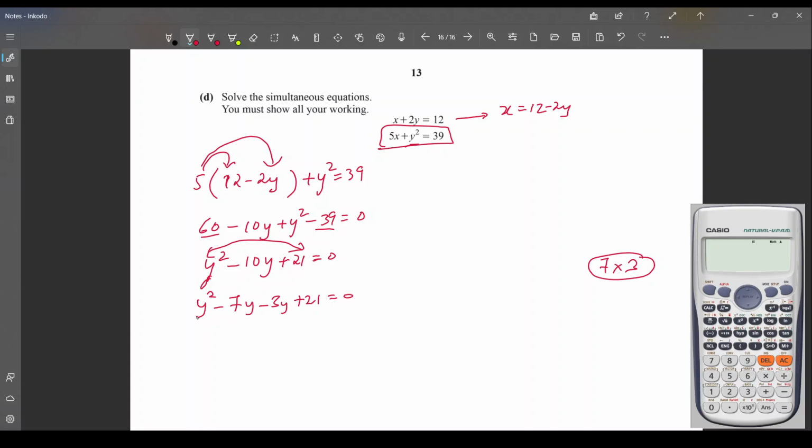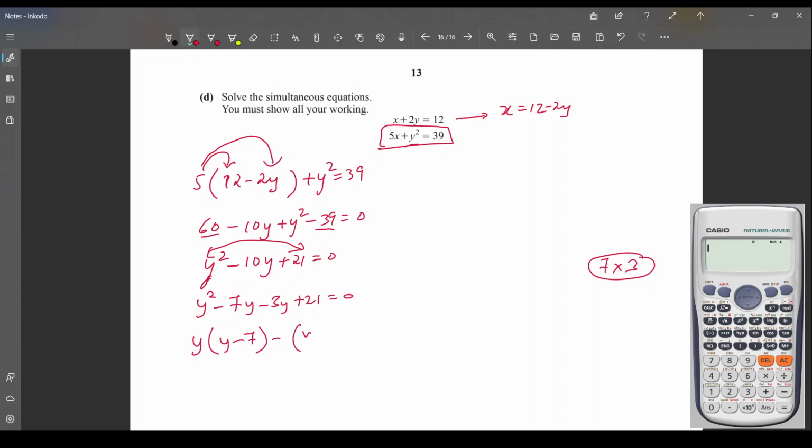Now we will just put a bracket, imaginary bracket. We can take out common here, the common value will be y, and y minus 7.